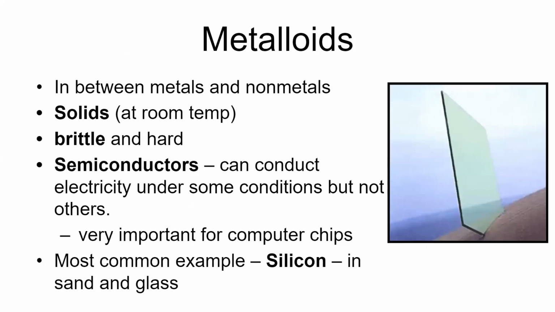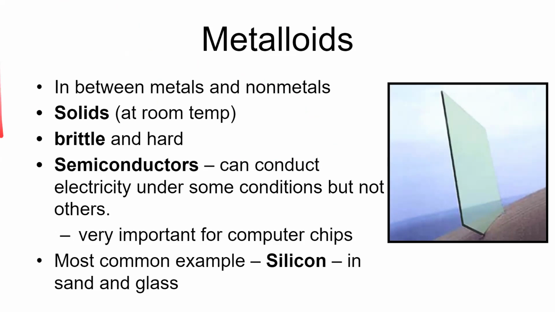So they're in between metals and non-metals. Similar to metals, metalloids tend to be solid at room temperature, right? They tend to take a definite shape. But similar to non-metals, they are often very brittle and hard. So it's hard to work with metalloids the same way that you work with metals. They're much more prone to chipping and shattering.